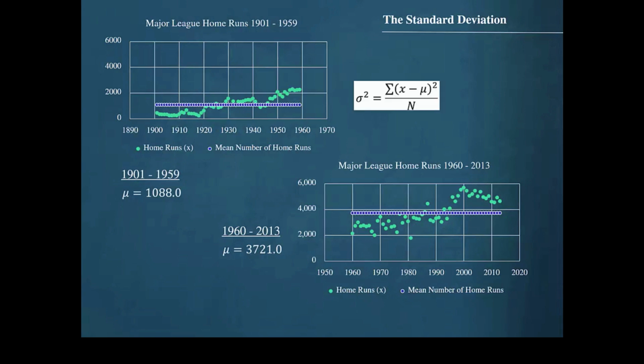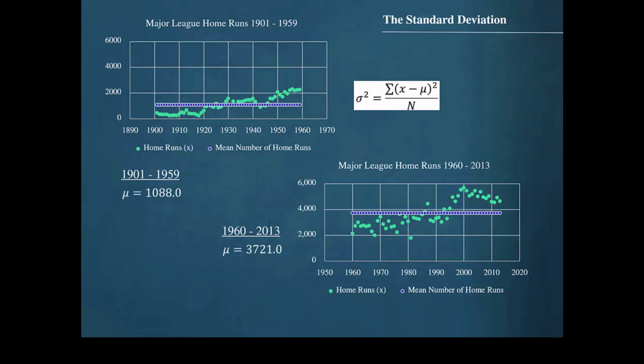The calculation of the standard deviation requires that we first calculate the variance. Recall that in this process, the mean is subtracted from each data value and then squared. These values are then all added together.